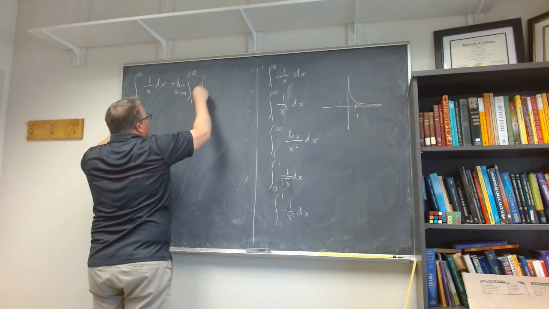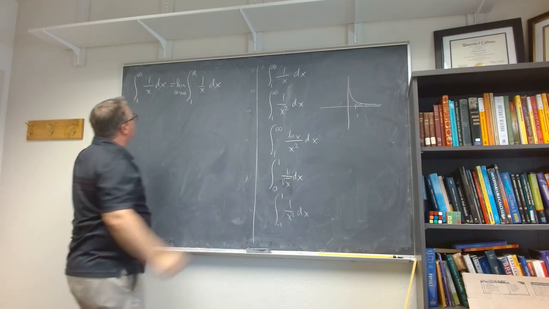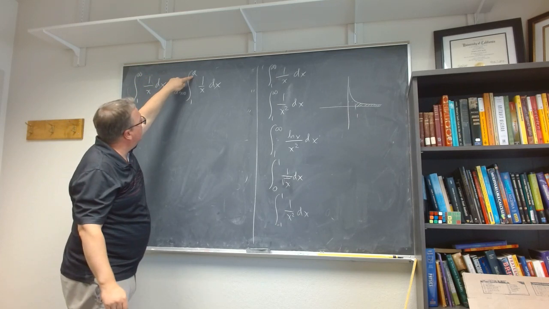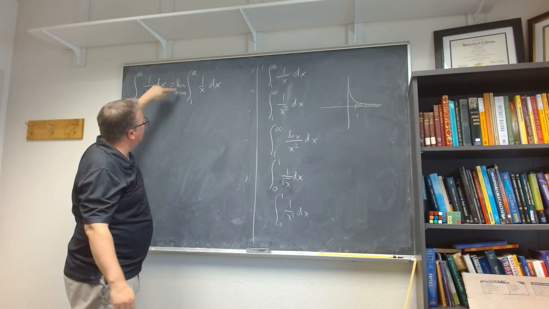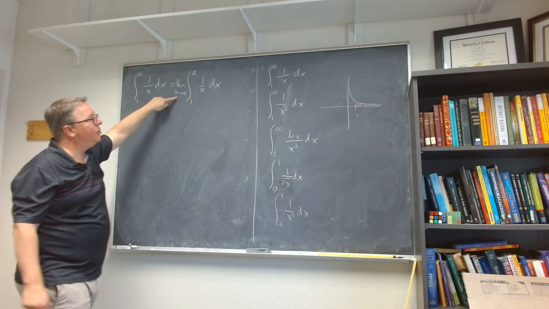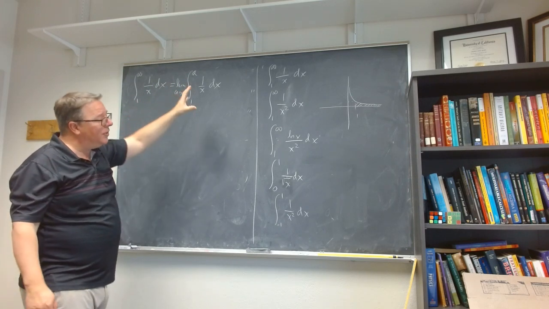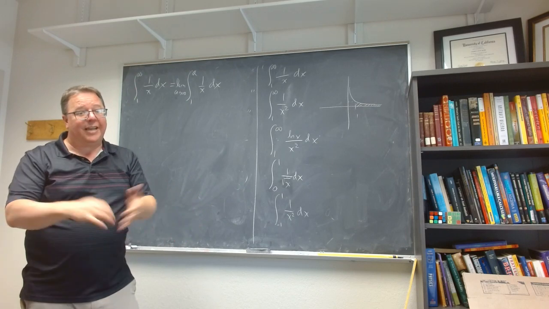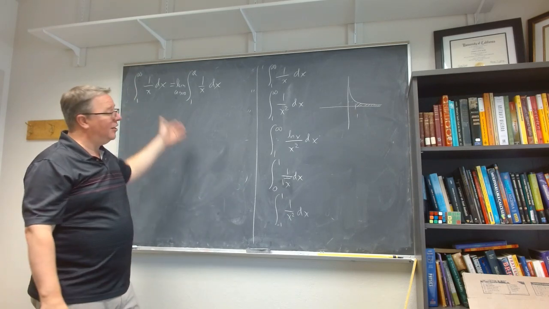And we're still doing the integral of 1 over x dx. So infinity up here gets replaced by an actual number. And then after we do that integral, we ask, does this limit converge? And if it goes to a number, we're going to say that the improper integral converges. And if it diverges, we'll just say that the infinite integral diverges.